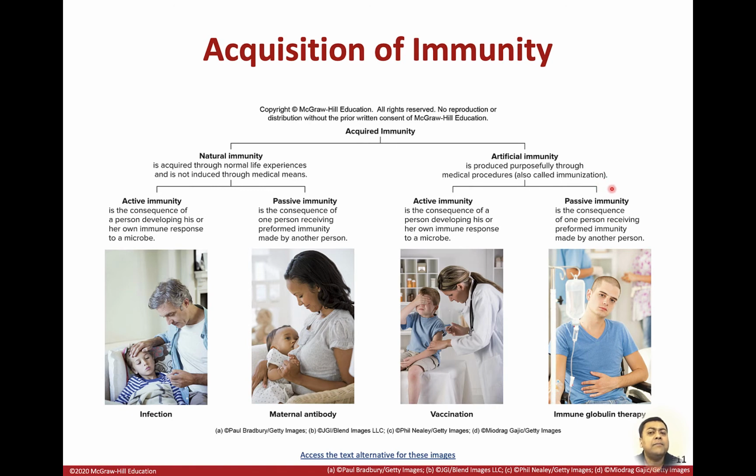These animals, like the goats and the horses, are from time to time humanely bled, and the serum is isolated. Then the immunoglobulin from these mammals is isolated and packaged. These are the specific immunoglobulins, and this comes to the patients as an immunoglobulin therapy.